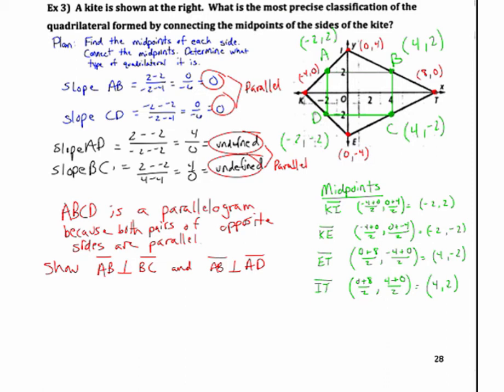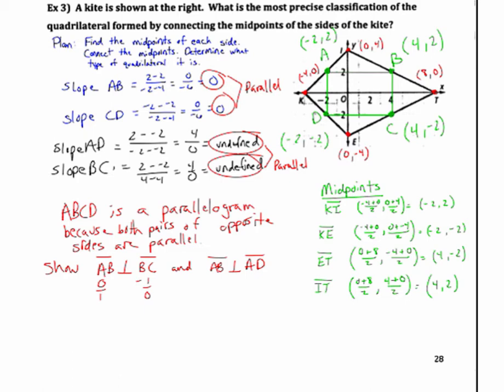And looking at my slopes, I have that. You need to remember that a slope of 0 is like 0 over 1, and that's my slope of AB. The slope of BC is undefined, or 1 over 0, and you could think of this as negative 1 over 0, and it would still be undefined.